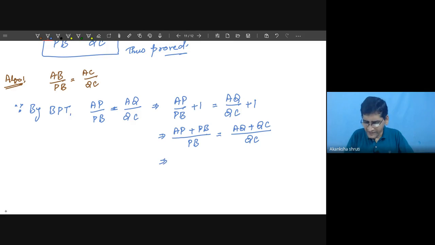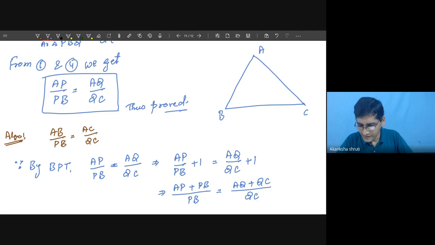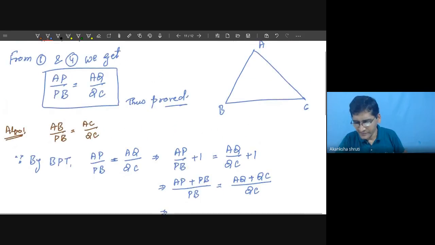Now observe this. What is AP plus PB? Students, our triangle is like this. Just we have written A, B, C. This was the triangle. And here we have taken this PQ as parallel to BC. So this AP plus PB means the two line segments, and they are collinear. So they will give us AB.